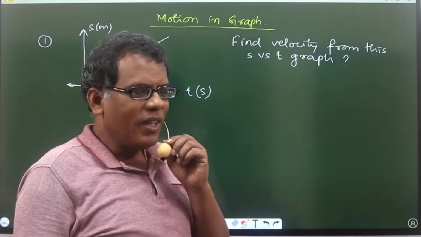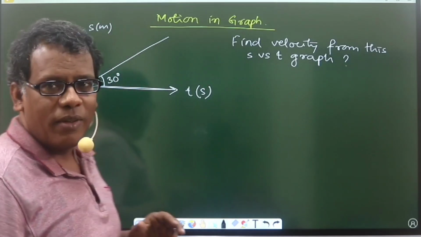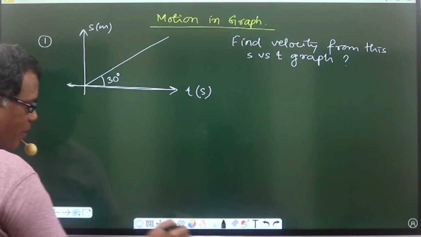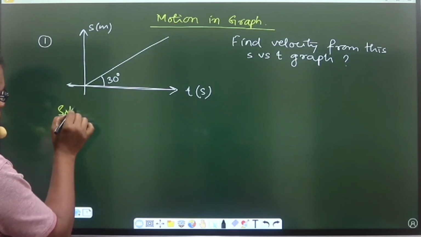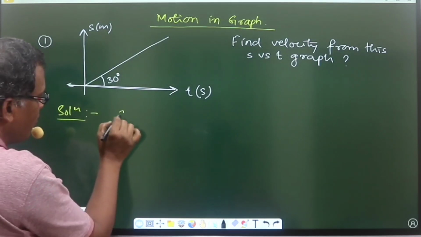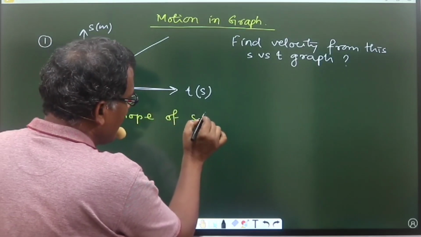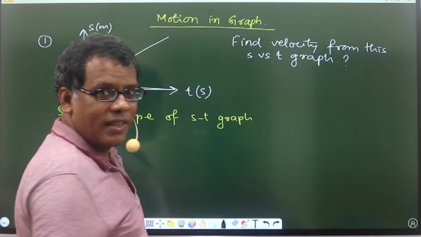So for all of you, it is the basic concept, basic learning that whenever we discuss the ST graph, you must be knowing about it: the slope of the ST graph, right? The solution will be: slope of ST graph, right?